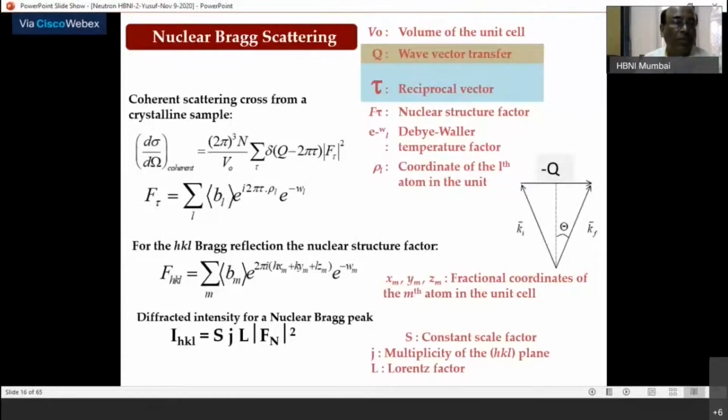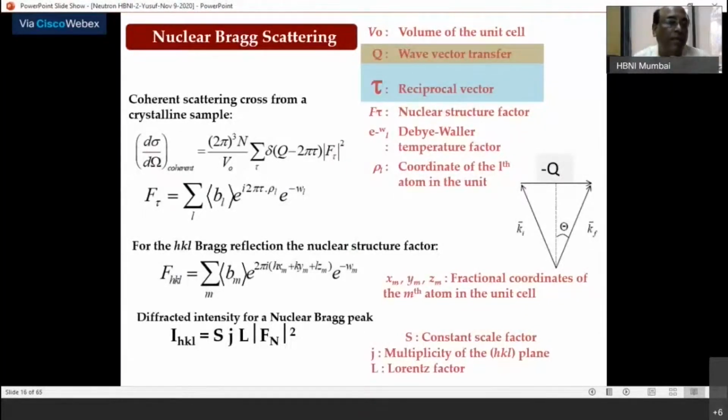So this S is nothing but the constant factor. Suppose you are doing an experiment using our facility at the Dhruva reactor, BARC, the sample amount is fixed, the number of scatterers is fixed, and you take the same sample, go to ILL in France and put it on an instrument. Let us say you assume that the entire sample is immersed in the beam, the full beam is falling on the sample.